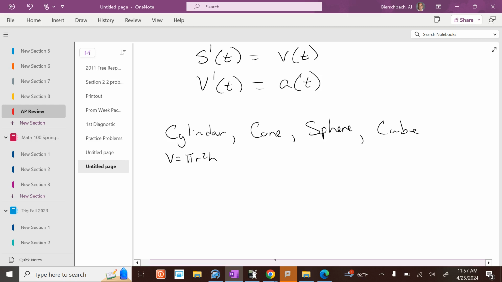They won't be up on the wall for you when it comes time for the test. The cone is 1/3 of that. Sphere is 4/3 pi r cubed. And a cube is just the side cubed. Those are the types of shapes they use for their related rates problems.